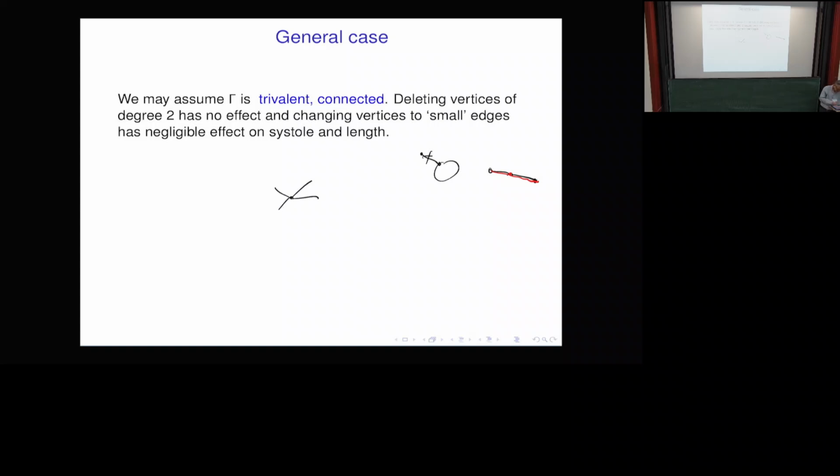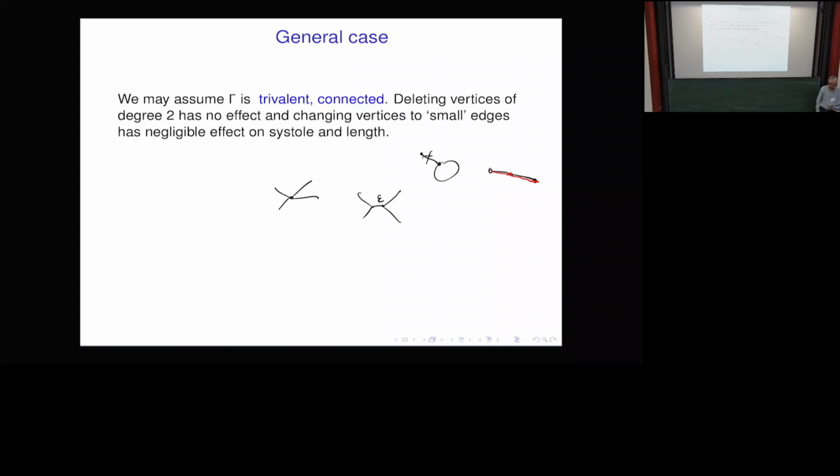Well, then I just split this. I add a very small edge, epsilon, and since I'm taking supremum, this doesn't matter because I will make it smaller and smaller, and then the supremum will be the same for trivalent graphs and for the other graphs. So I just replace vertices by very small trees, and you can make it trivalent, and you make negligible effect on the systole and negligible effect on the length.